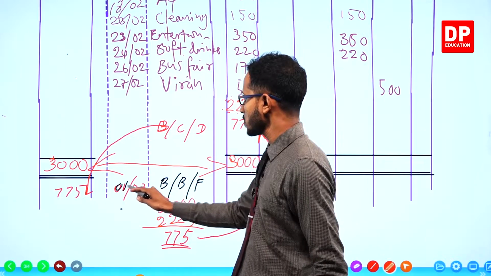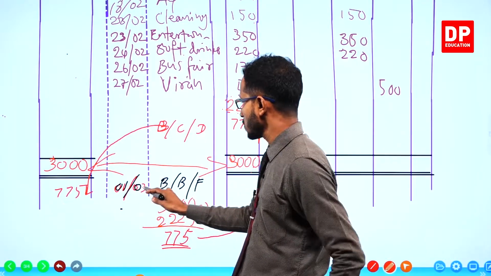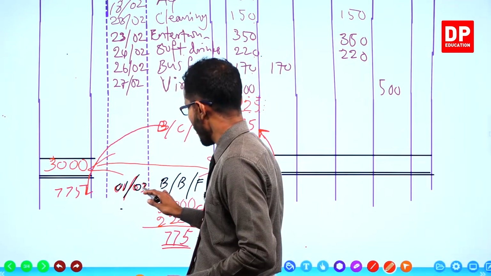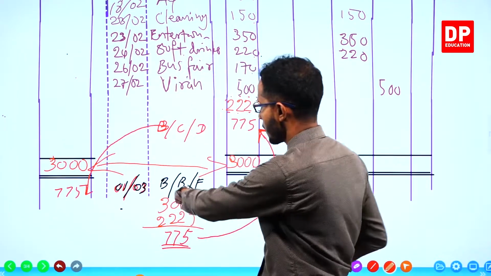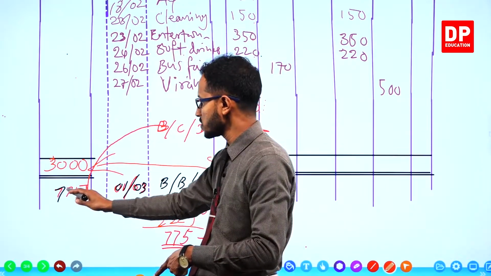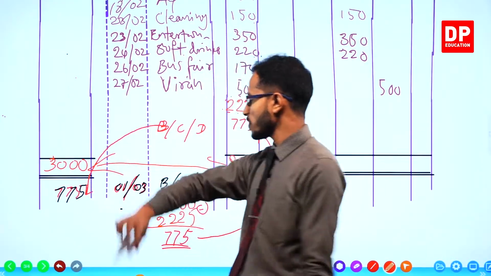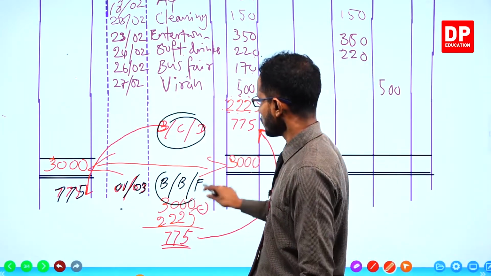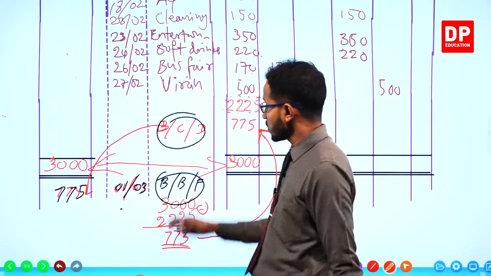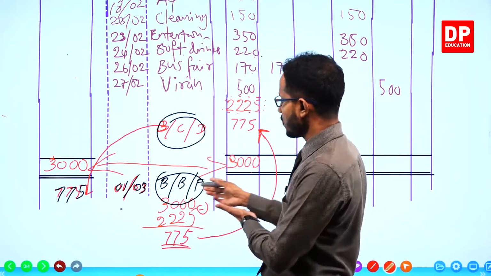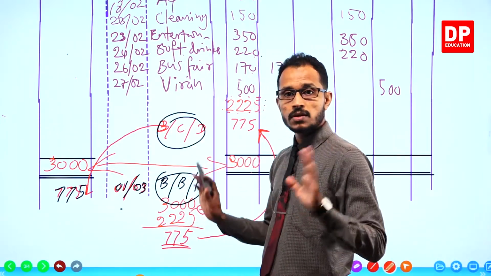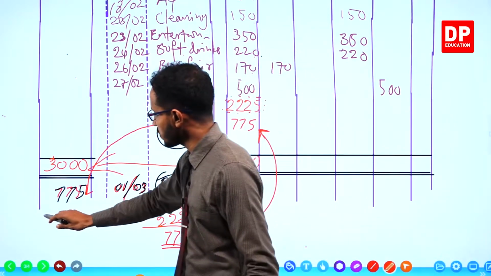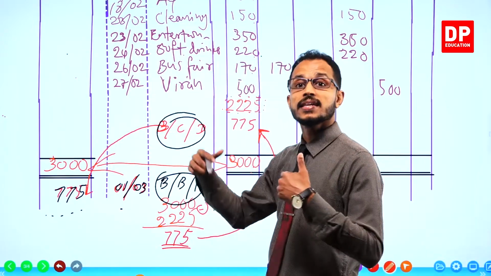1st March. Balance brought forward 775. So you took the balance carried down and you took the balance brought forward to the debit column, and now the reimbursement of the next month should be here in the next month.